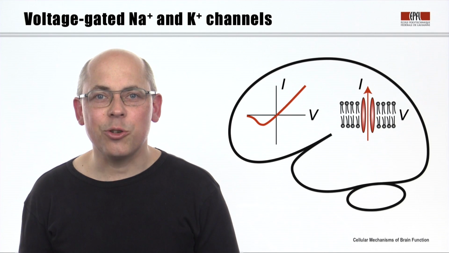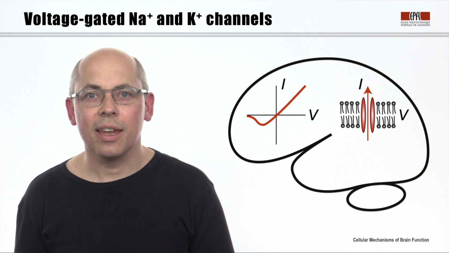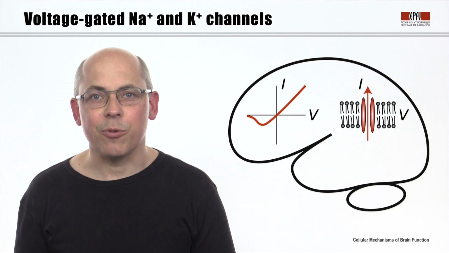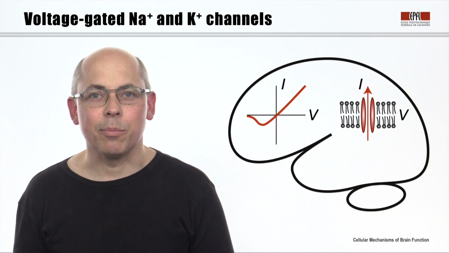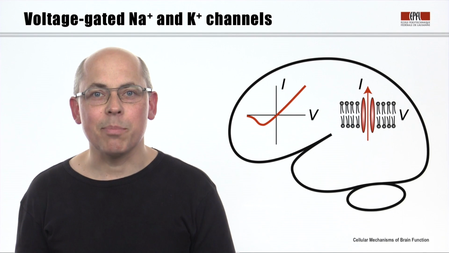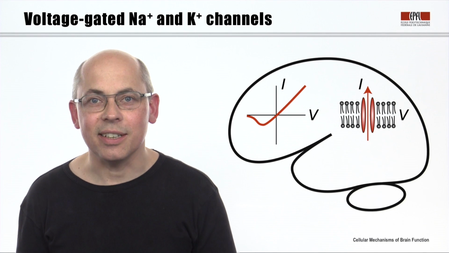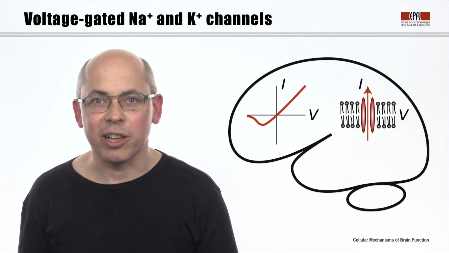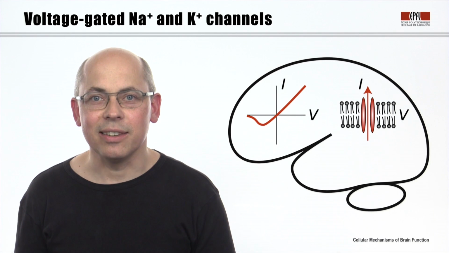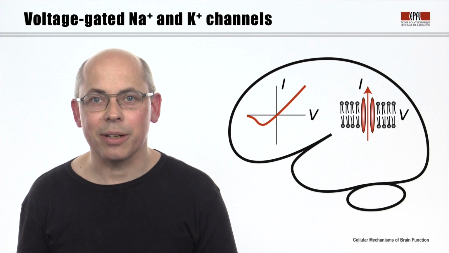So we've seen some interesting features of voltage-gated ion channels. They're largely closed at resting membrane potentials. Membrane potential is normally somewhere in the range from minus 70 to minus 50 millivolts. In this range, the open probability of voltage-gated sodium and potassium channels is very low, and they make very little contribution to the overall conductance of the membrane.